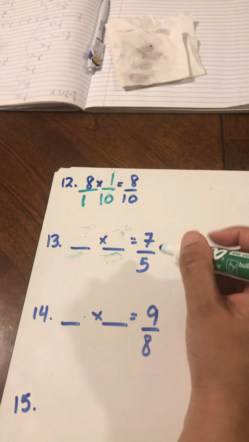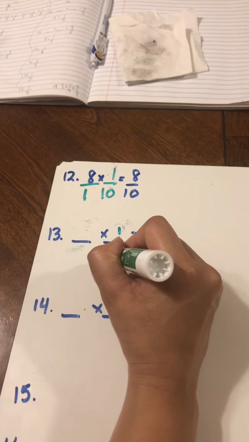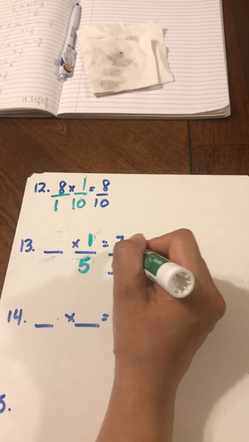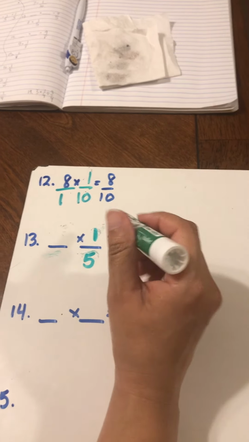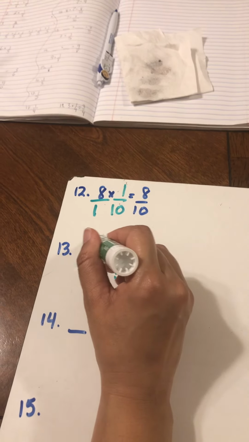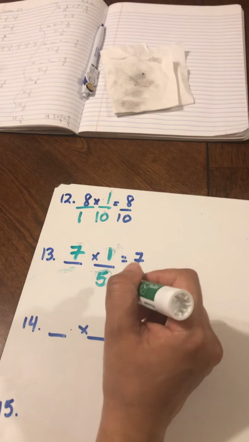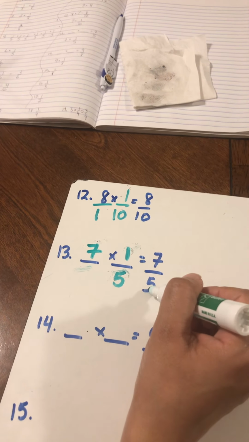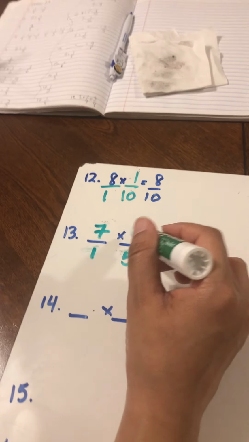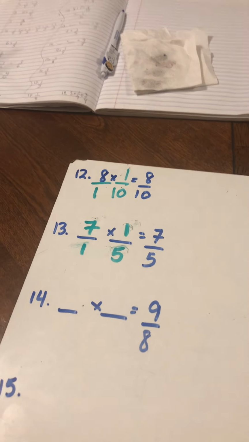So the unit fraction is 1/5. So what number times 1/5 will give us 7/5? Well, what number could we multiply to get 7 at the numerator? It would just be 7. And the 5 has to stay the same, so we have to put a 1 here. So the answer is 7 times 1/5 equals 7/5.